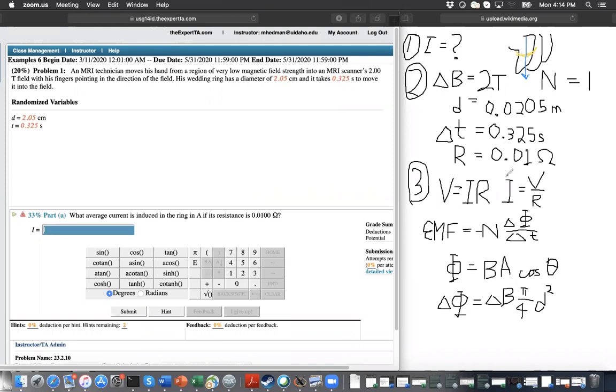So now we've got something that just involves delta B, so we can figure out this. We know delta t and N, so we can figure out this. We know R, so we can figure out this.